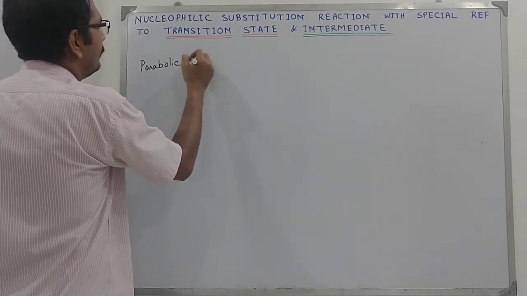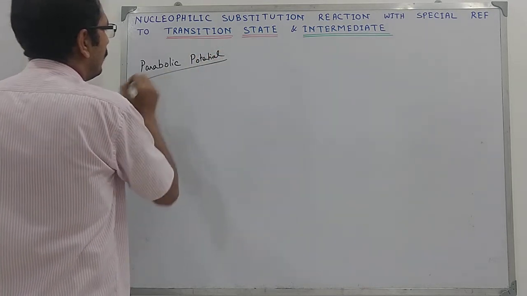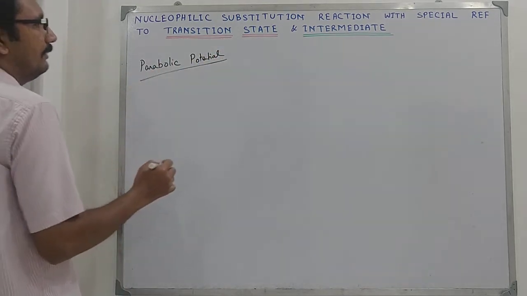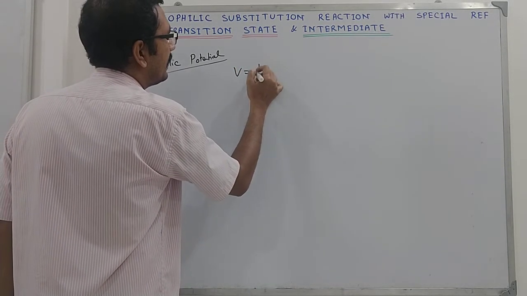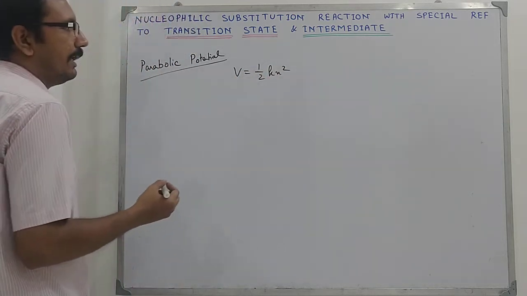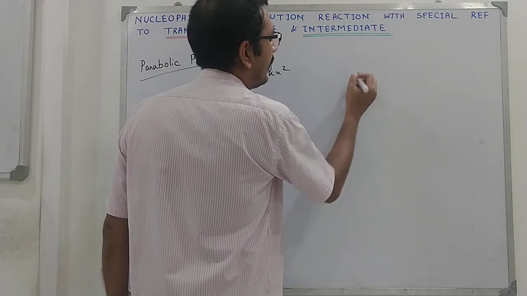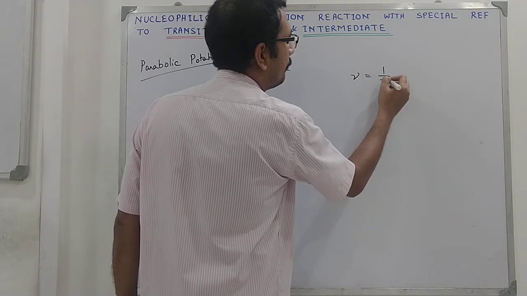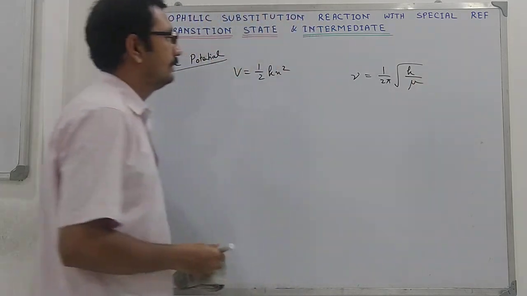Since we have noticed that all these are associated with a parabolic potential, we write the expression for the parabolic potential, which is V equals half kx square, the potential of the harmonic oscillator, characterized with the frequency nu equals 1 by 2 pi root over k by mu.